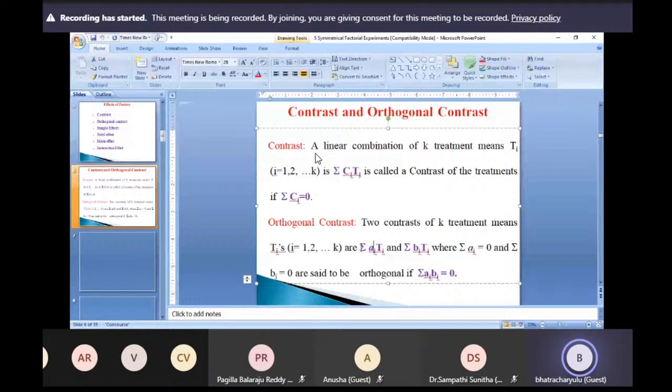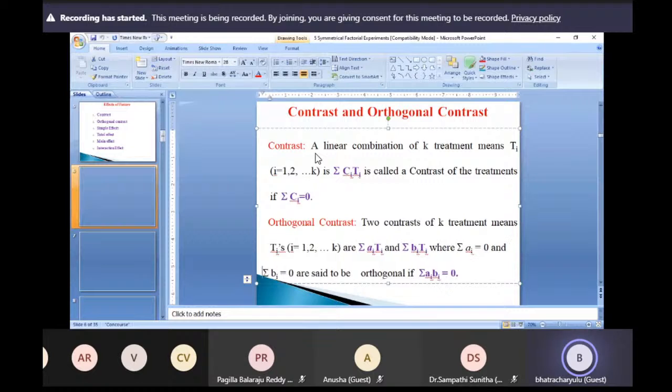Moreover, the summation of Ai is 0 and the summation of Bi is also 0. If A1B1 plus A2B2 plus A3B3 is also 0, then these two contrasts are said to be orthogonal to each other. One contrast is orthogonal to the other. Orthogonal indicates that those two are independent.